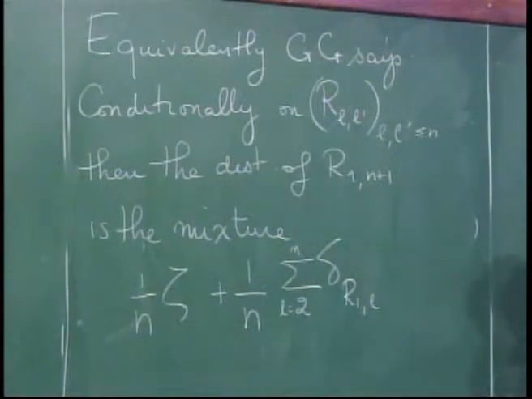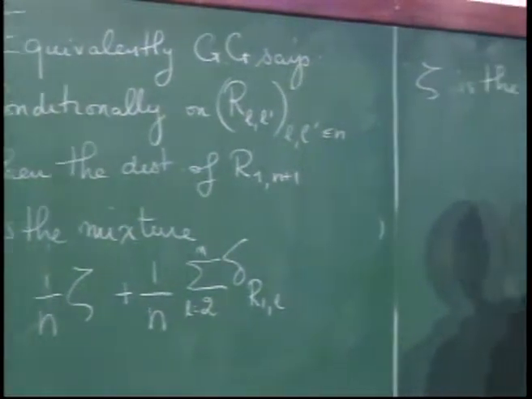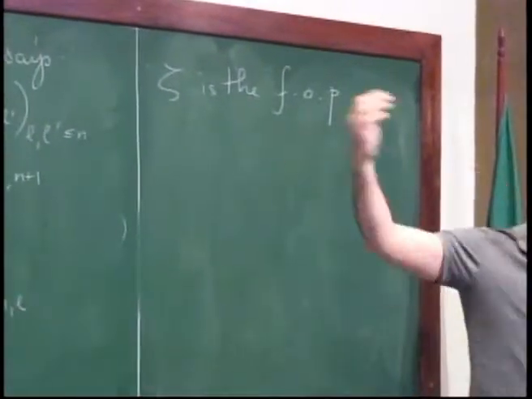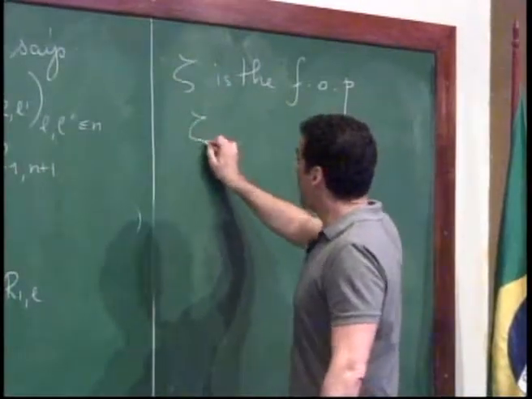So I didn't say what zeta is. Zeta here is what will be called the functional order parameter of my measure G, and it is simply the distribution of one guy.